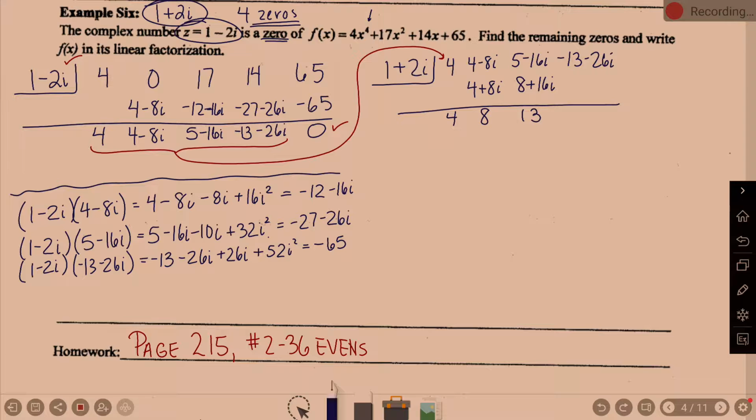Minus 16i plus 16i, again, cancel. Then we're going to multiply again. 13 times 1 plus 2i. So 13 times 1 is 13. 13 times 2i is 26i. And then guess what happens? We add those and we have remainder of 0.